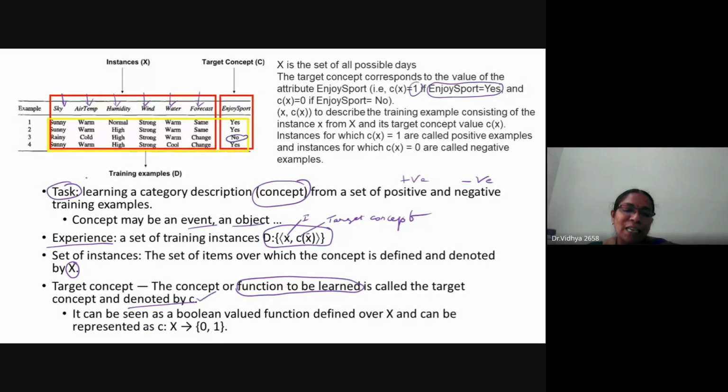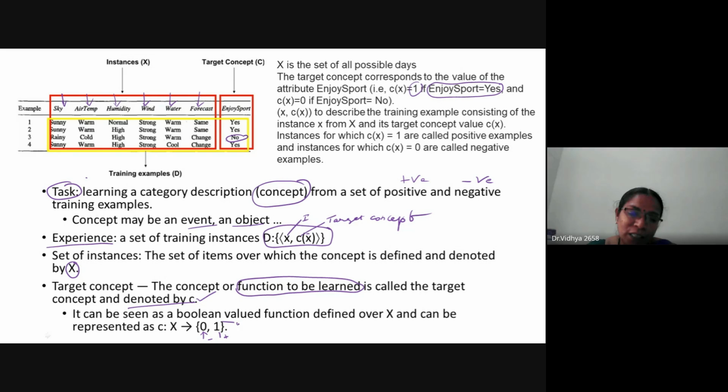So it can be seen as a Boolean valued function defined over X, where X is an instance, and the target concept is represented as X to the set {0, 1}. 0 indicates the negative result and 1 indicates the positive result.